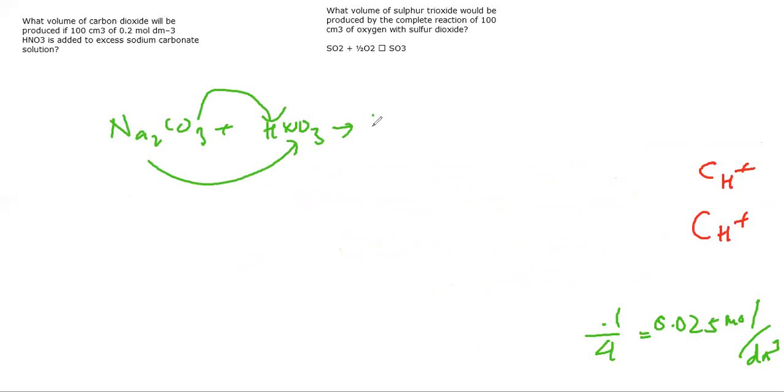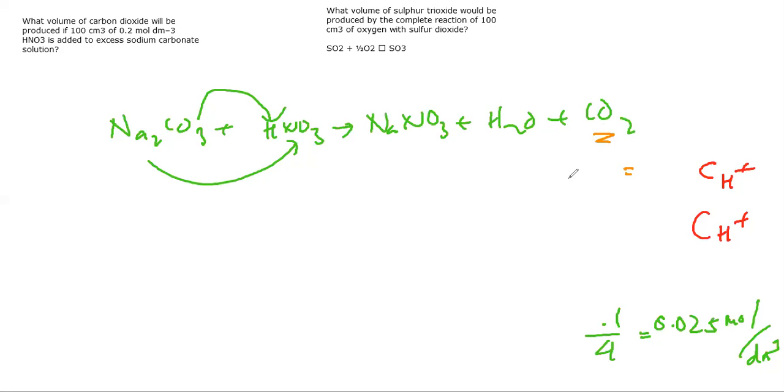So you'll have NaNO3 plus H2O plus CO2. Remember, when you have a carbonate, the product is always water and carbon dioxide. So you are asked for the volume of carbon dioxide.